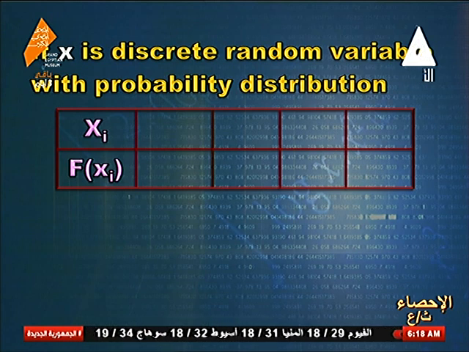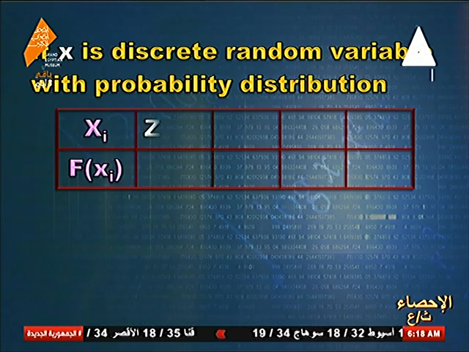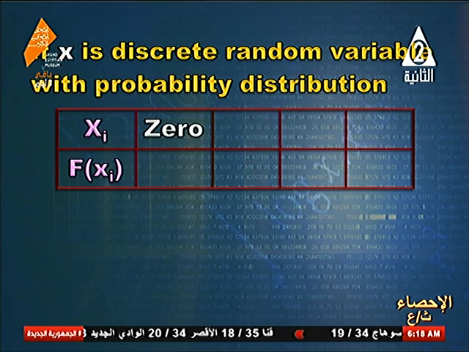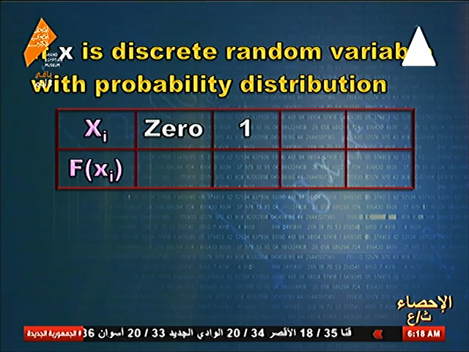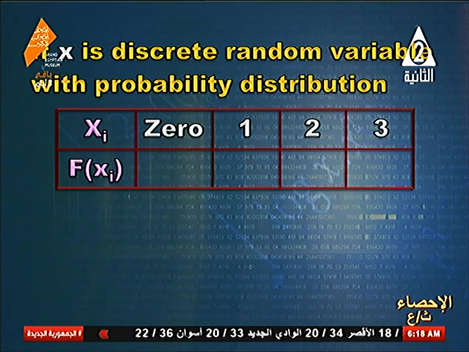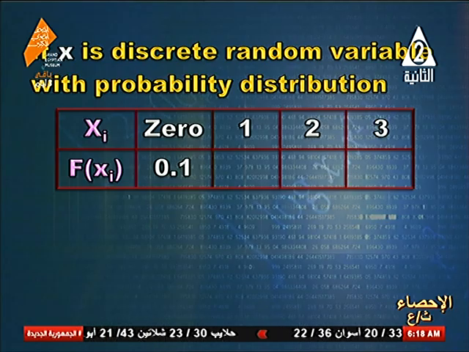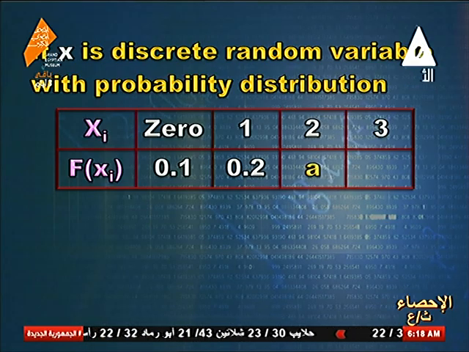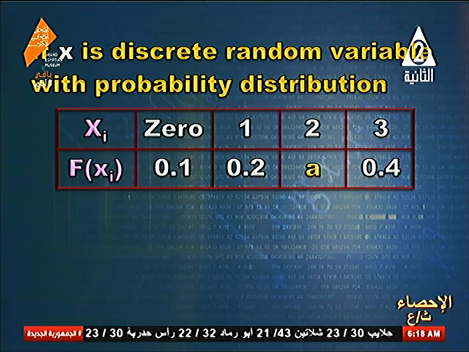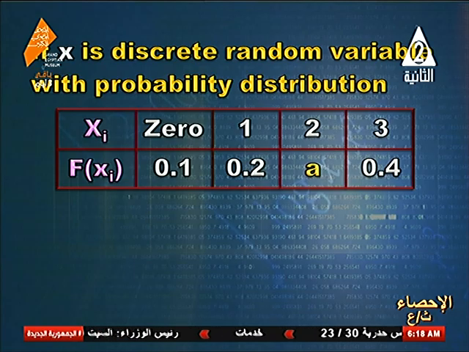The first row xi, the second row f of xi. xi is 0, 1, 2, 3. f of xi is 0.1, 0.2, a, 0.4. At the first, he wants from me the value of a.